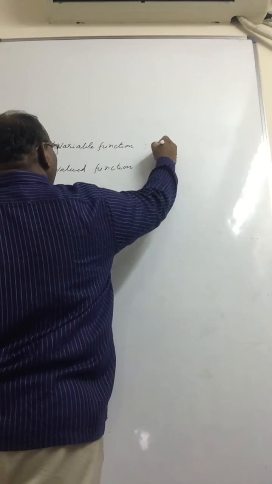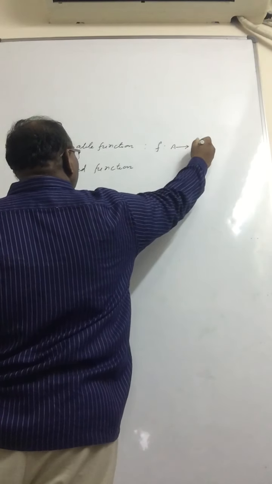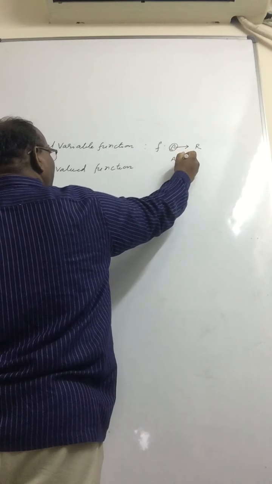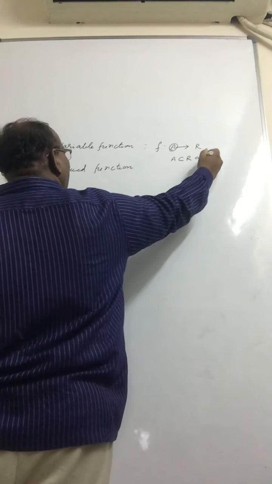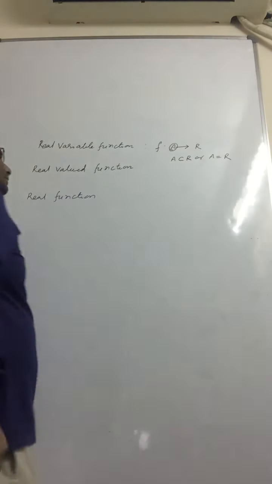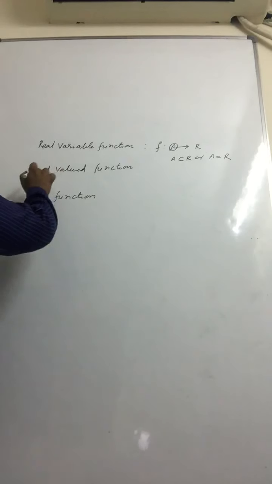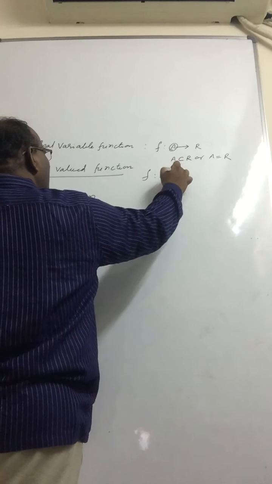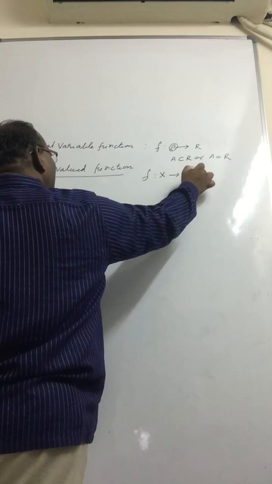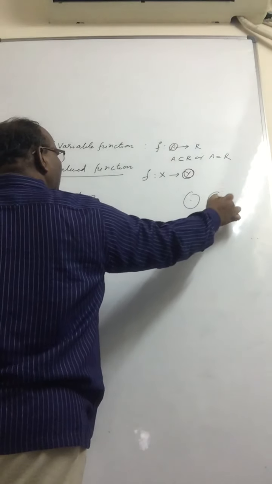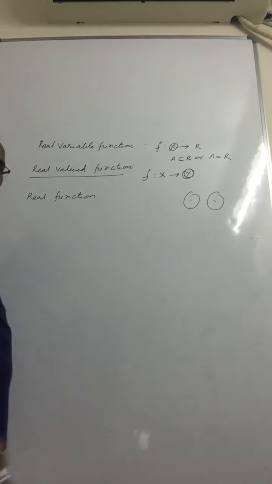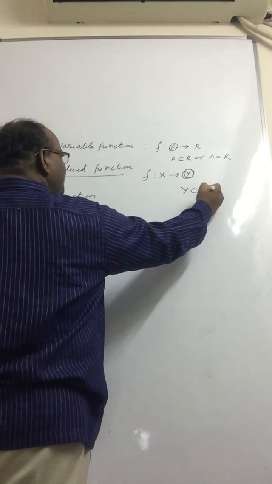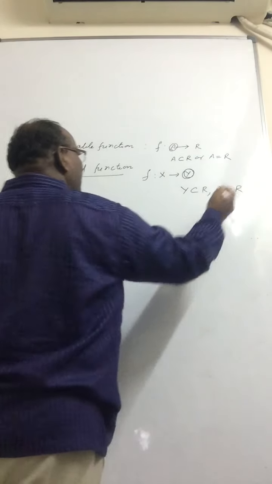A real valued function means f maps from A to R. Here A must be either a proper subset or A equal to R. A real valued function f maps from X to Y. Here is the input, and the value of the function will be in the codomain. That particular Y is either a subset of R or it may be R.